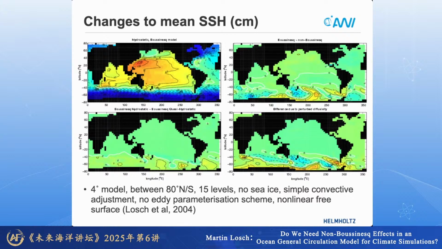Then in the bottom right panel, I compare two simulations where I changed the vertical diffusivity, the kappa in the tracer equations, by 1%. So instead of 5 times 10 to the minus 5 meters squared per second, I use 5.05 times 10 to the minus 5. This is normally a tuning parameter, so we can modify it within ranges without having to justify this very much. But this small change gives a similar order of magnitude as the non-Boussinesq effects here for the mean sea surface.